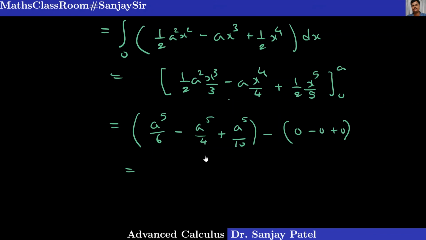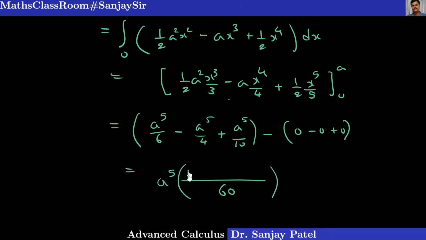And let us simplify further. So this is 6, 4 3s are 12, 12 5s are 60. So what will be the LCM here? It is 60, yes? And a raised to 5 is common, so I can write it outside.